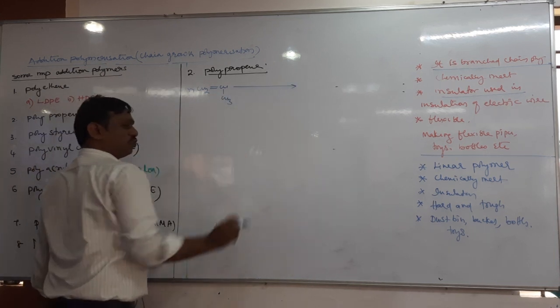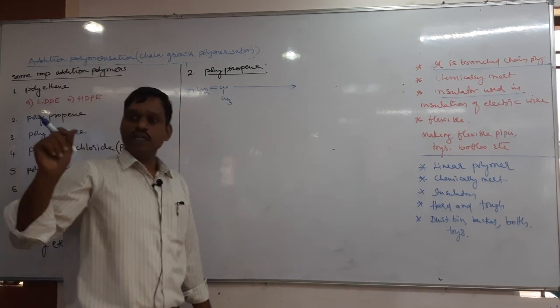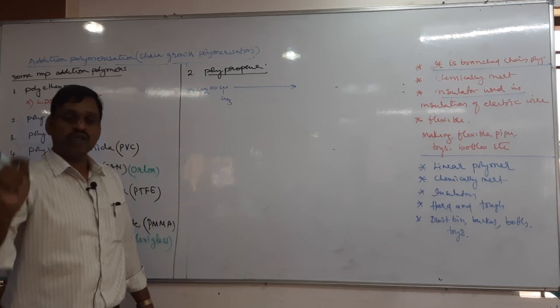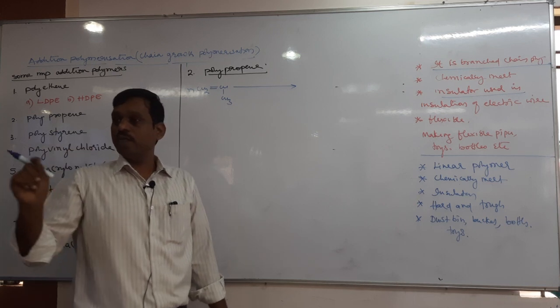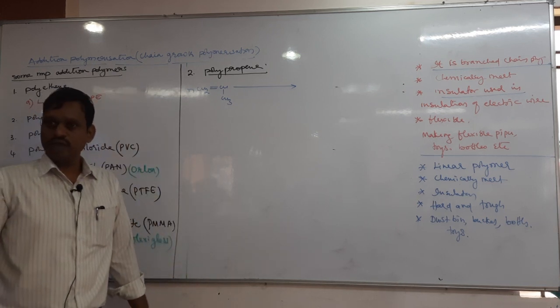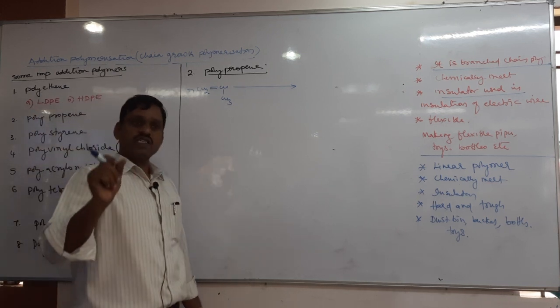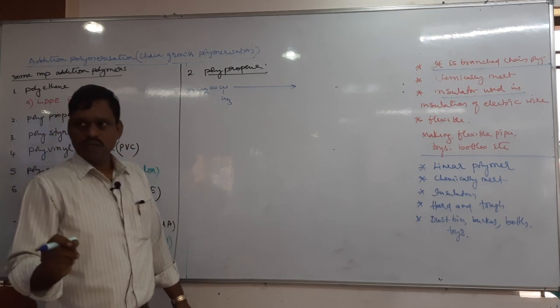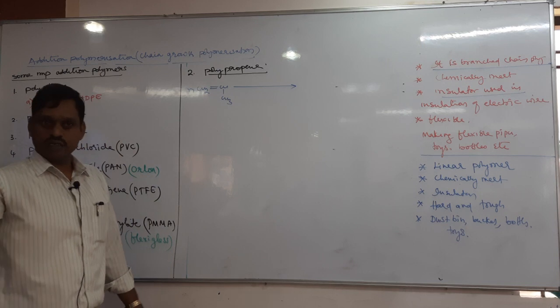So usually, all addition polymers undergo polymerization in presence of high temperature, high pressure, and usually a peroxide catalyst. The peroxide may be an organic peroxide, or hydrogen peroxide, or even an inorganic salt peroxide.